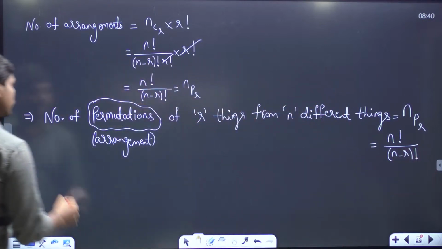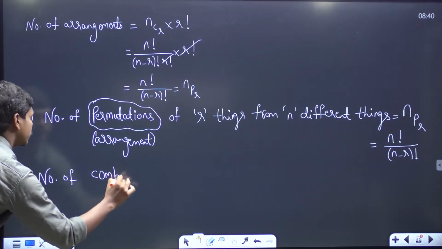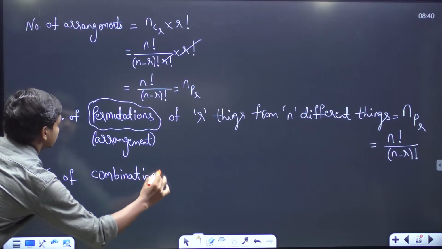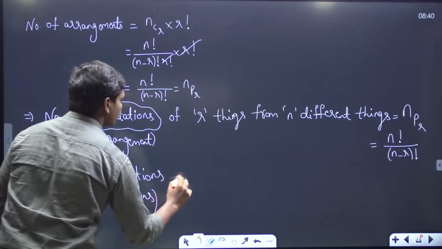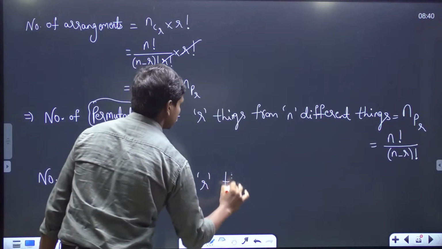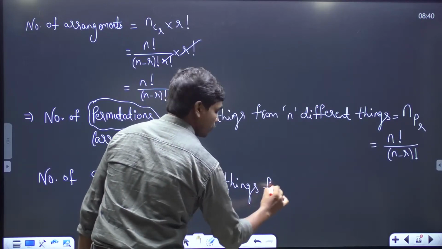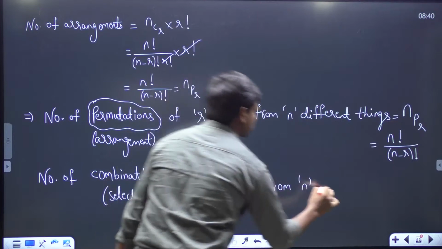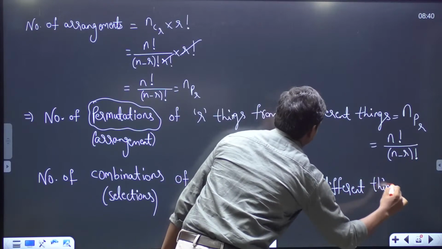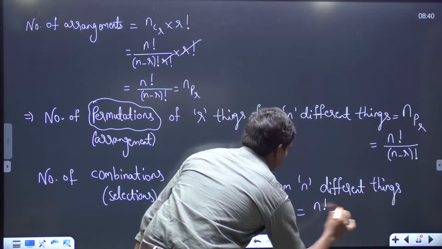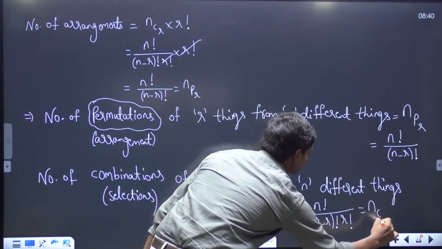And similarly, number of selections or number of combinations you can write, which means basically selections of R things from n different things, is equal to, we have seen just now, n factorial divided by n minus R factorial into R factorial, which is given by NCR.